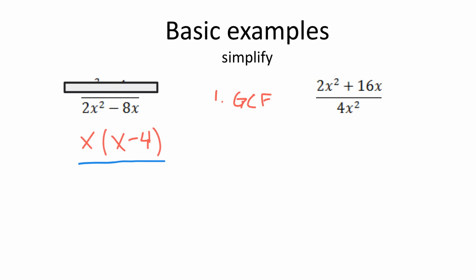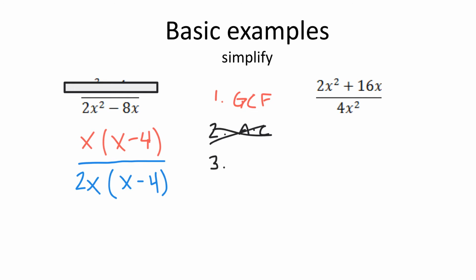And then I look for my common factor between 2x squared minus 8x, which in this case would be 2x, with what's left over of x minus 4 when I do here. Now the second thing that I'm going to do is that if I needed to use my A times C method, I would, but I don't have any quadratics here, so there's no reason that I need to do this step.